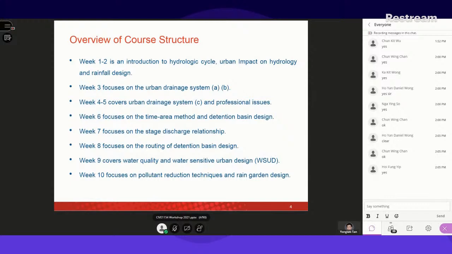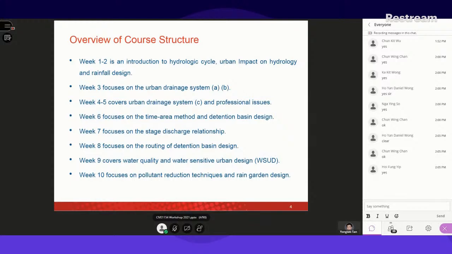In this course, you will learn how to design a storm water management system to remove the storm water effectively, and at the same time improve the water quality to comply with the water quality standards.